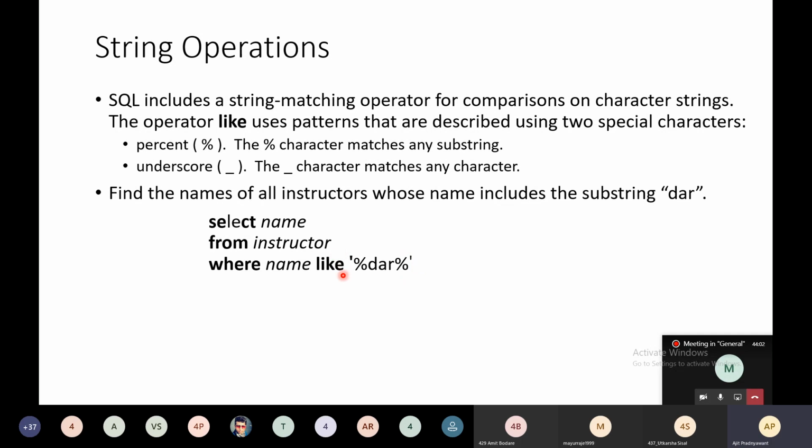So this is the way to mention the substring. It will match DAR as a substring in any name, and if it finds the substring is present, then it will retrieve that particular name. So this is how the percentage operator is used for matching any substring.